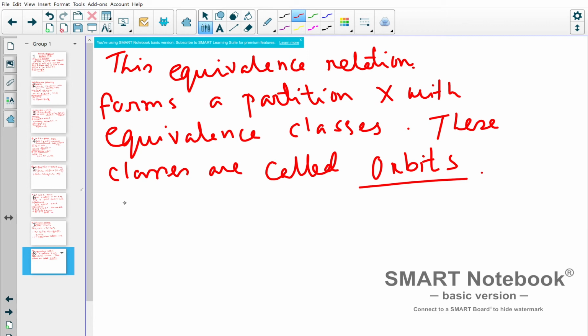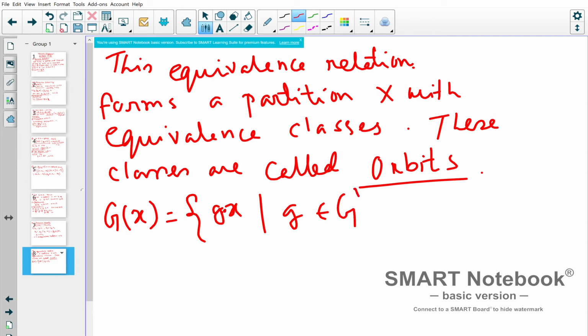Okay, and how do you write it down? We write this by this notation, Gx, and this is what? This is the equivalence class of x. So what does that mean? It is the set of elements of the form g dot x, such that g belongs to G. So you have an element x, and then you collect all the actions of any element of G on x, and this collection is called the orbit of x.